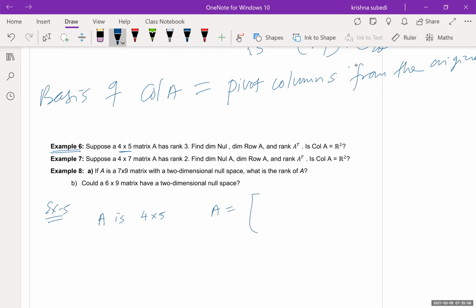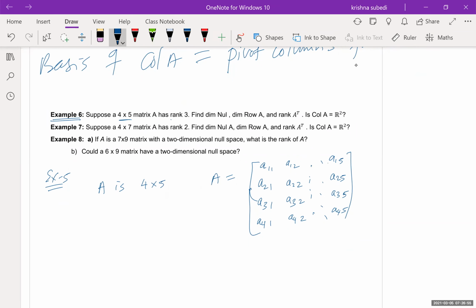That means the matrix A will be something like: row one a11, a12, through a15; then a21, a22, through a25; a31, a32, through a35; and a41, a42, through a45. So this is the type of matrix, right? Now this matrix A has rank 3.